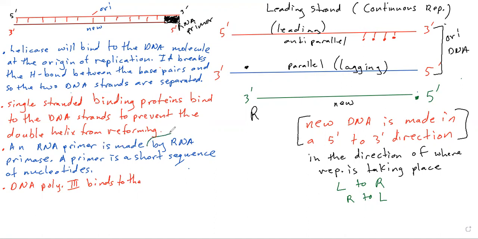Made at the origin of replication. Right, and then DNA polymerase 3 binds to the primer.